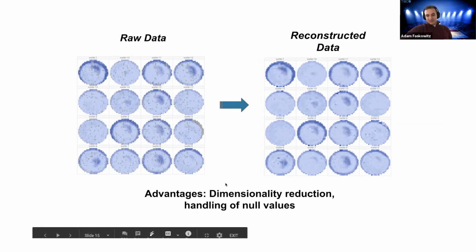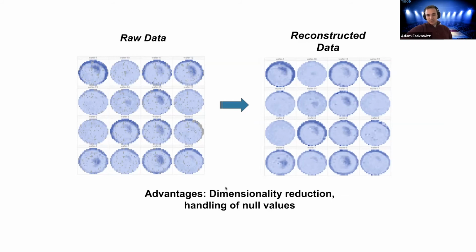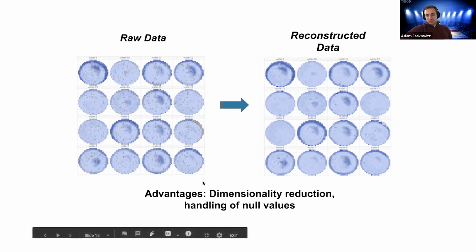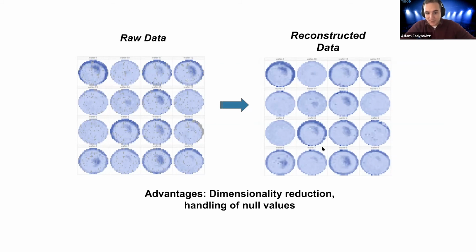And as a form of a sanity check, what we're actually going to do is show what that wafer looks like when it's reconstructed from those 100 Bessel coefficients. We're actually going to use those 100 coefficients further on in our analysis. But we can reconstruct this on the right to use this as a sanity check to prove that it was able to handle these null values and also represent our data well.